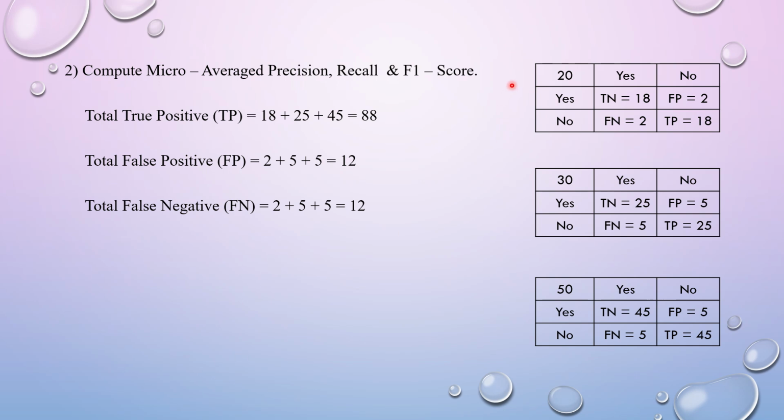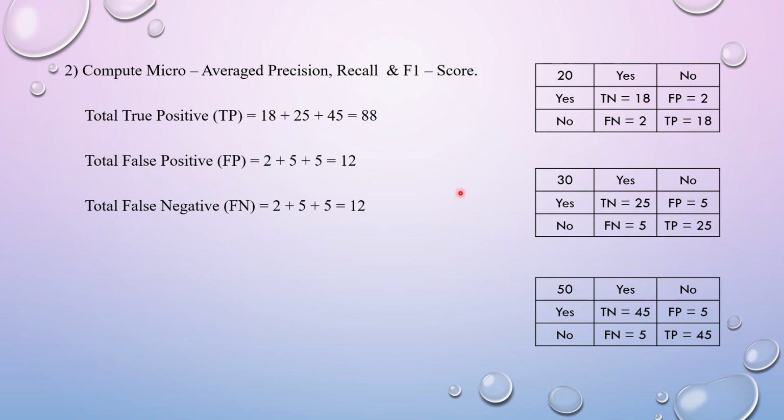These are the confusion matrices for class A, class B and class C. So first we calculate total true positive, that is TP. 18 plus 25 plus 45 means true positive value of class A, class B and class C. True positive value of class A is 18, TP for class B is 25 and TP for class C is 45.